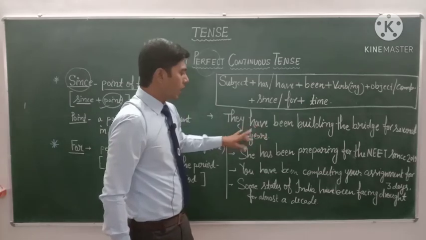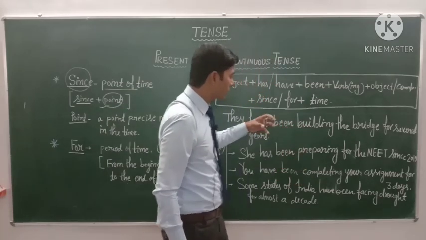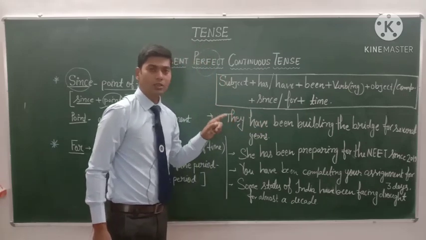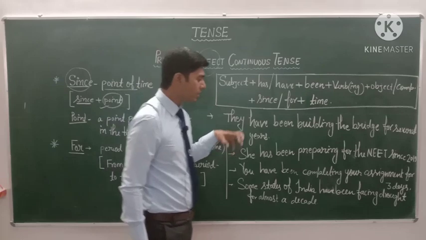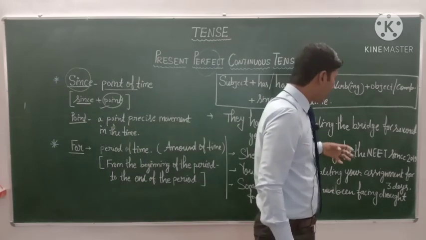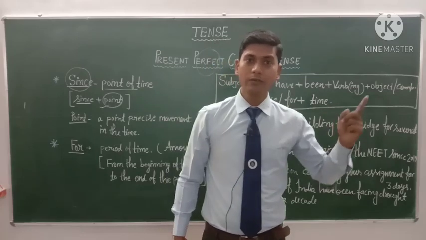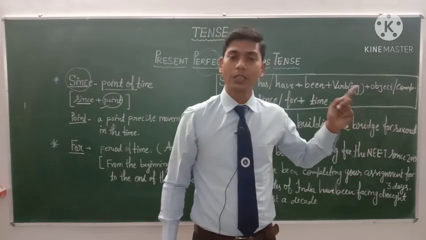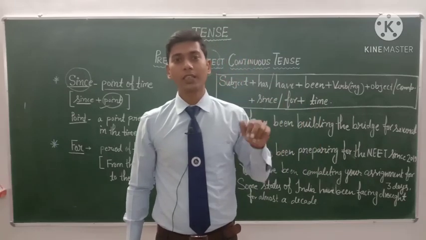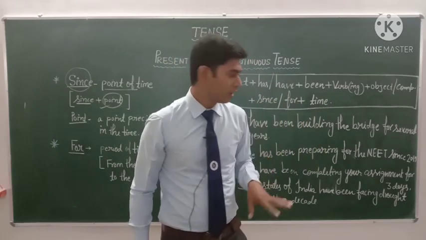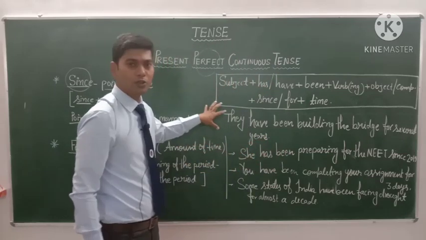Okay, and all these sentences consist of the ing form of the verb, the present participle form of the verb, and all these statements reflect that the work started in the previous time, in the past time, and it is also going on at the time of speaking, right? So I hope it is clear to you all.